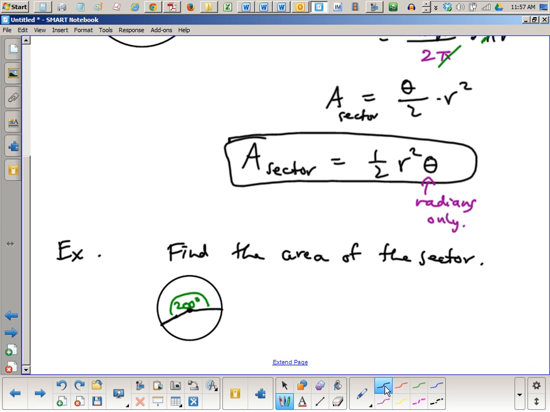And the radius, let's say, is 3, I don't know, 3 feet. We want to find the area of that sector. So we want the area of this thing.